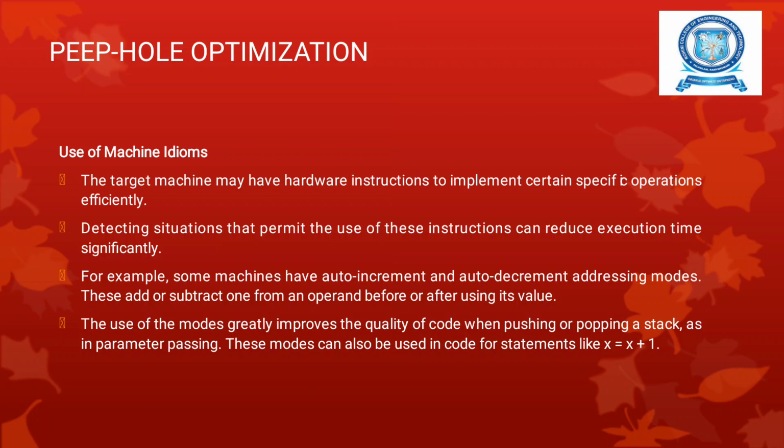If we write x = x + 1, that makes three-address code, and the target code also takes three instructions, so the cost is high. Instead of these three instructions we can write simply one assembly instruction, that is the increment statement. That's all. Thank you.